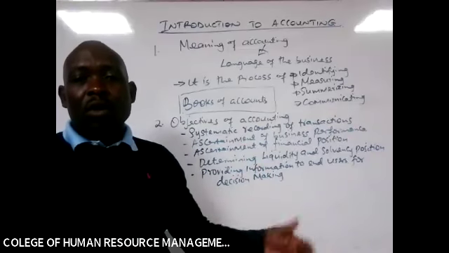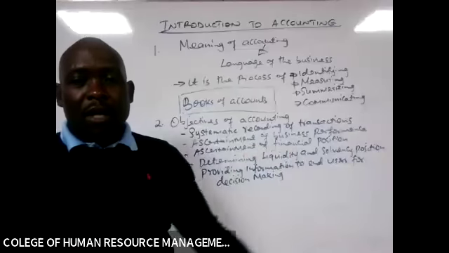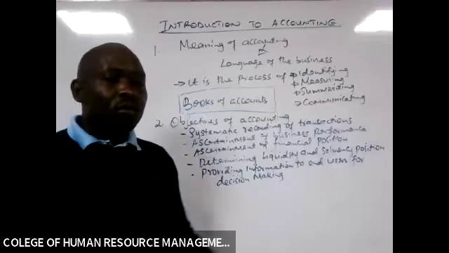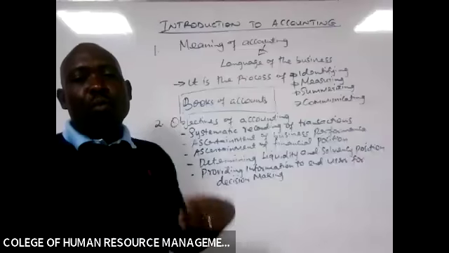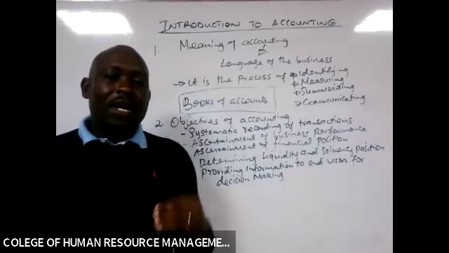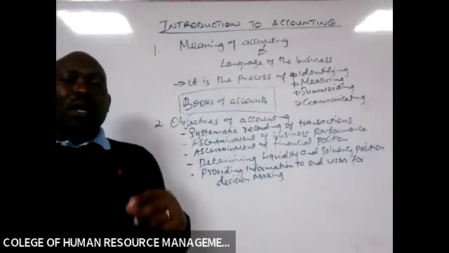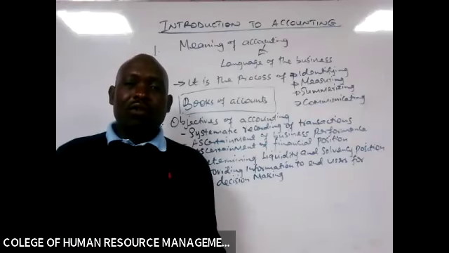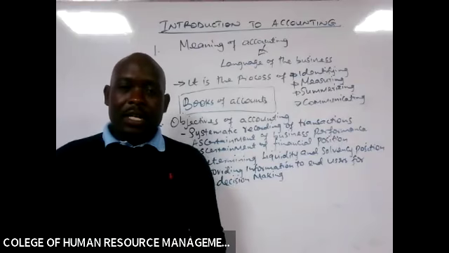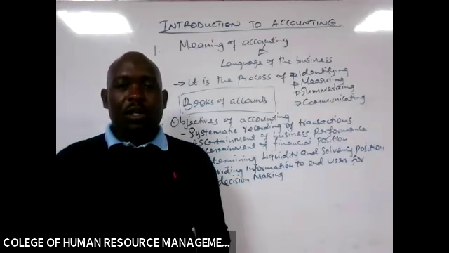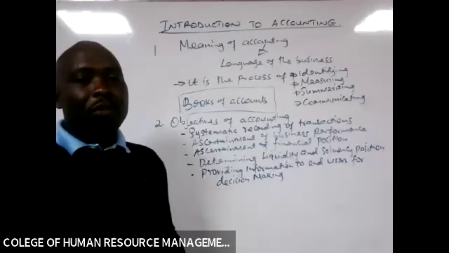Before they give us a loan, they must know how we are performing. All that information they will get from the books of accounts. So accounting will be able to provide these users with the crucial information that they need so that they can make informed decisions on whether to make certain decisions or not regarding the business. Those are the objectives of accounting in a business organization.